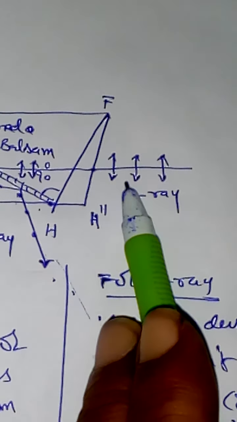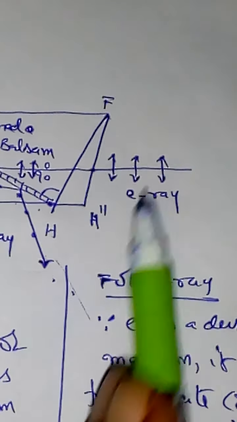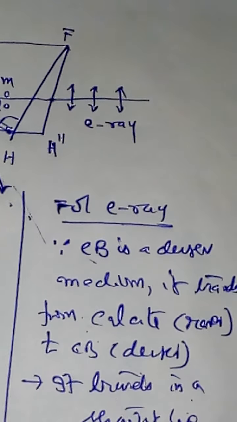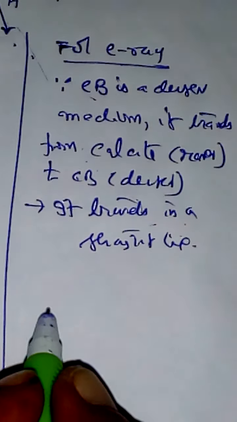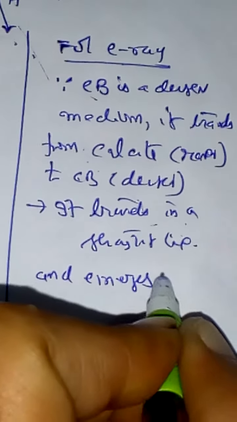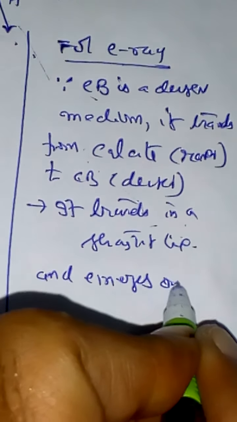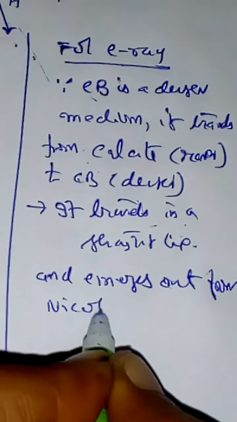from the Nicol prism. So the emergent beam is plane polarized light. It travels in a straight line and emerges out from the Nicol prism.